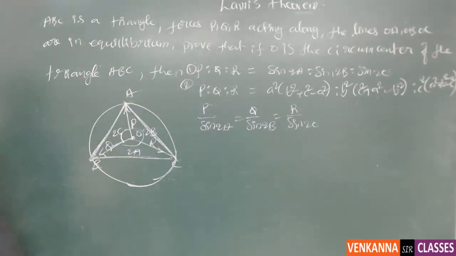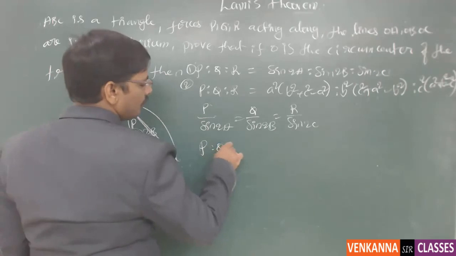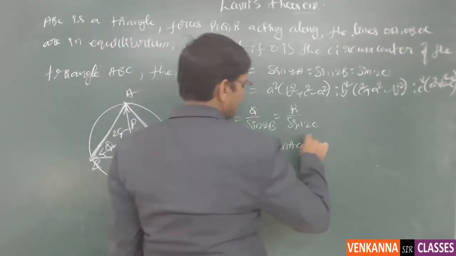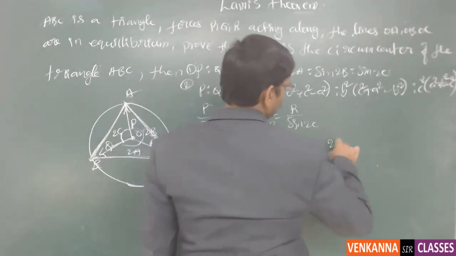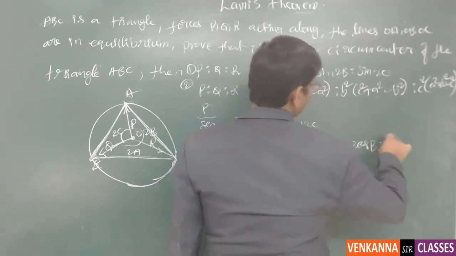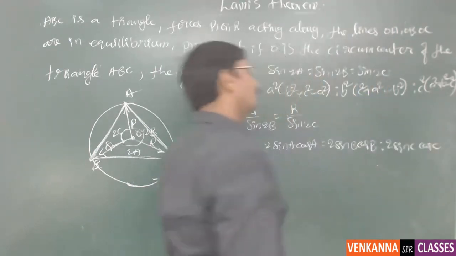So that is question number 1. And for question number 2, you can apply this one. So this is 2 sin A cos A. So P is to Q is to R is nothing but 2 sin A cos A is to 2 sin B cos B is to 2 sin C cos C. Now we know the sine rule.